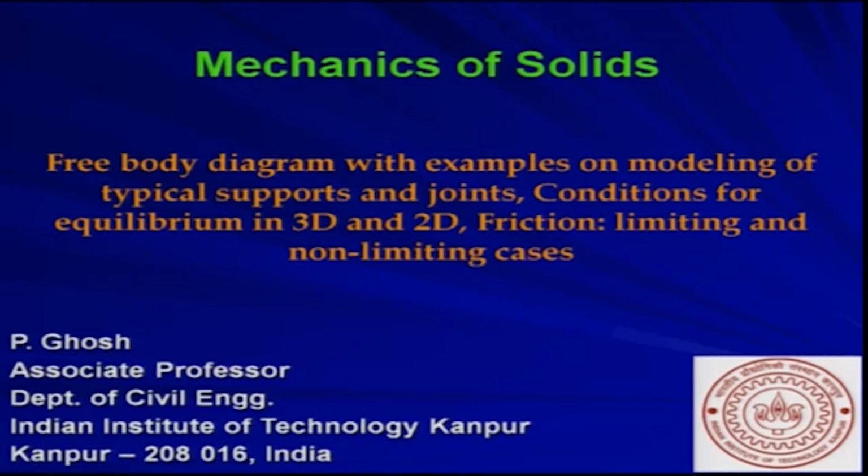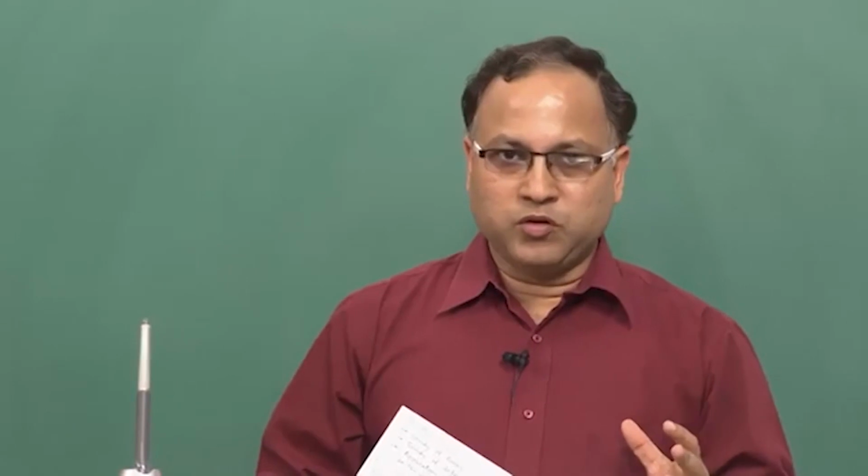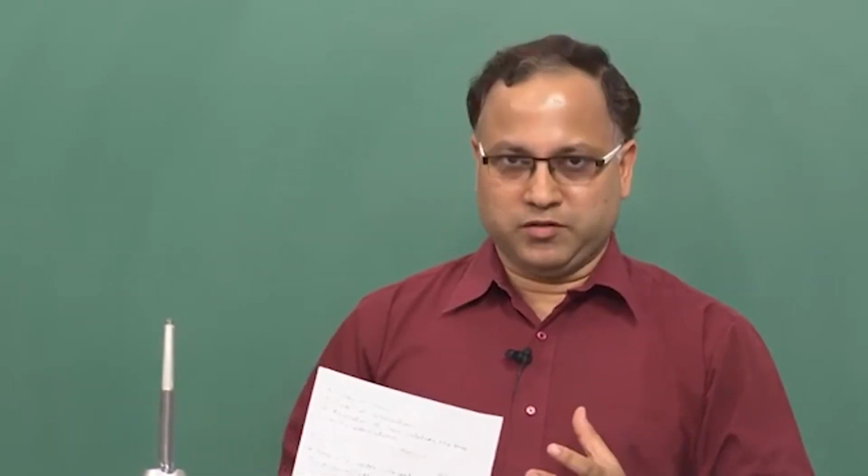So let us go to the board, because this course is very fundamental. So I prefer to do the whole course on the blackboard, so that you can also absorb as I move on. Okay?